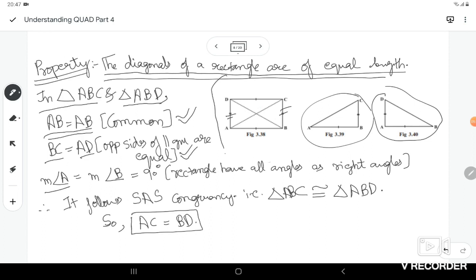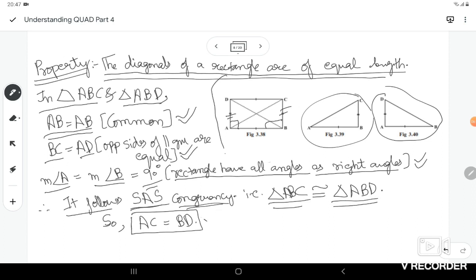And the measure of angle A is equal to the measure of angle B, because it's 90 degrees, and a rectangle has all angles as right angles. Therefore it follows the side angle side congruency. So triangle ABC is congruent to triangle ABD.